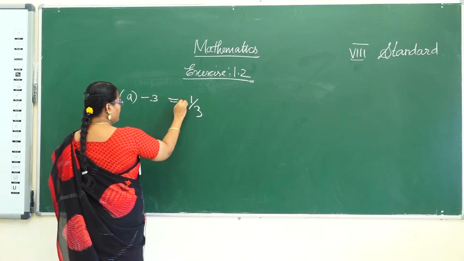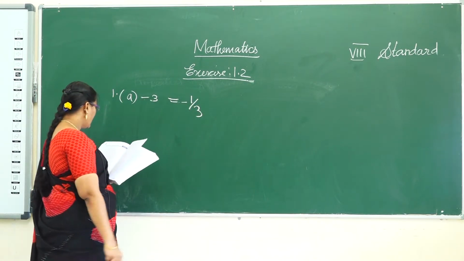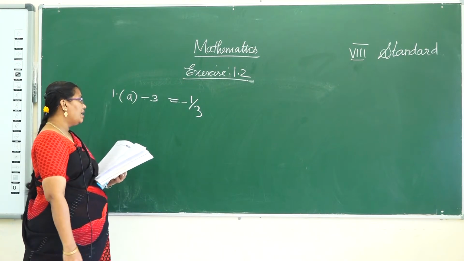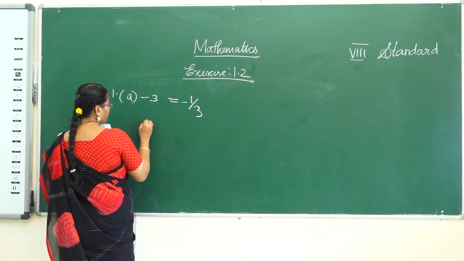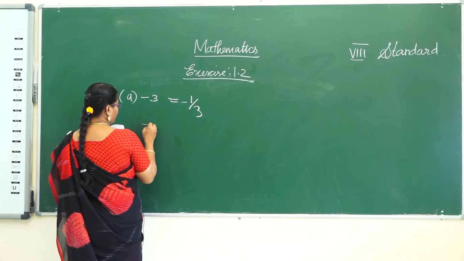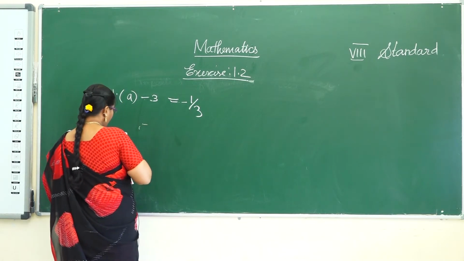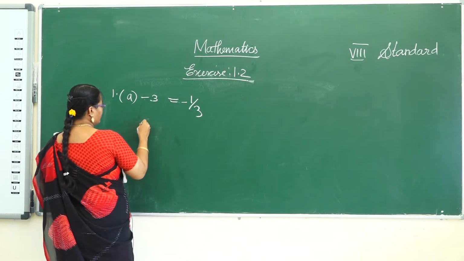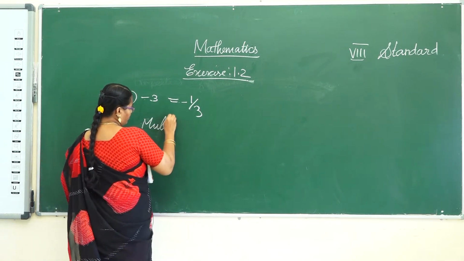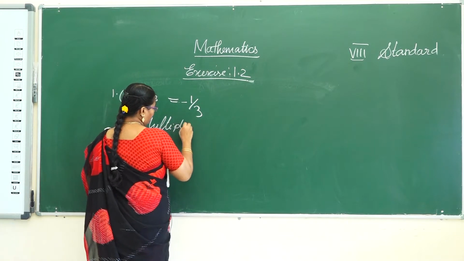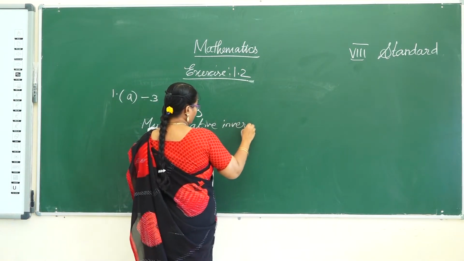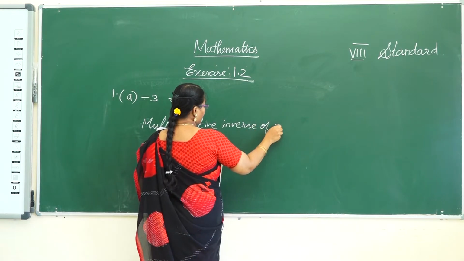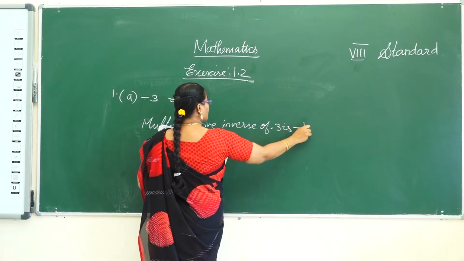Here a negative value is given, so put the sign on the side. So the multiplicative inverse of minus 3 is minus 1 by 3.